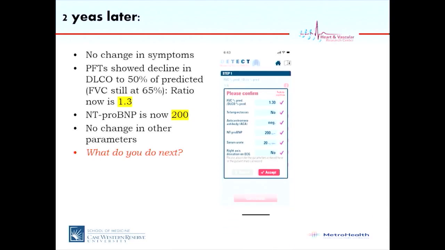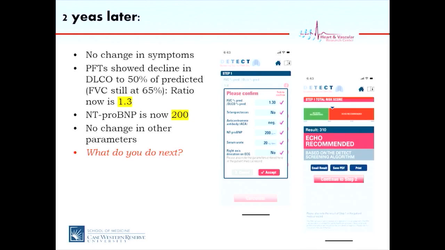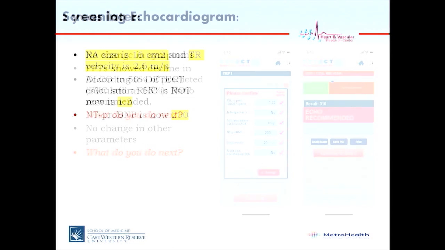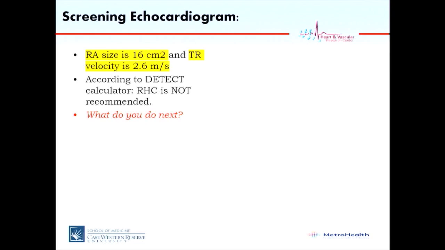Using the algorithm again, you now see that her score has gone up above 300, and now echo is recommended. So the echo gets done, and the two markers on the echocardiogram that we look for are the tricuspid valve velocity, as well as the right atrial size.